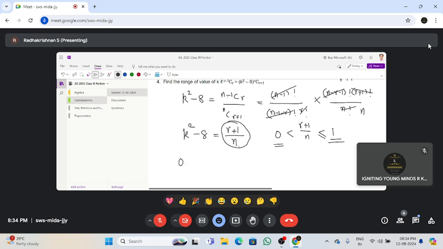So you put it like this now: 0 less than k square minus 8 less than or equal to 1. Find the range for k. It is solving an inequality.